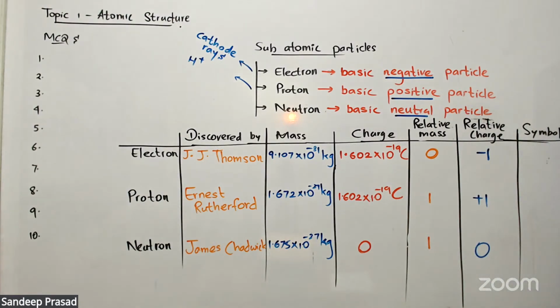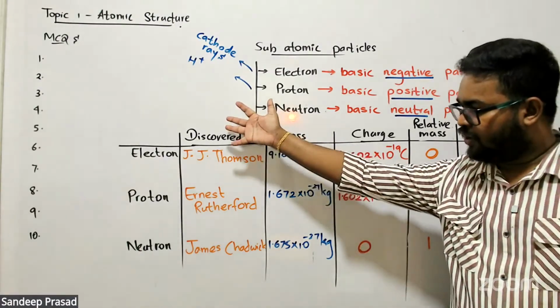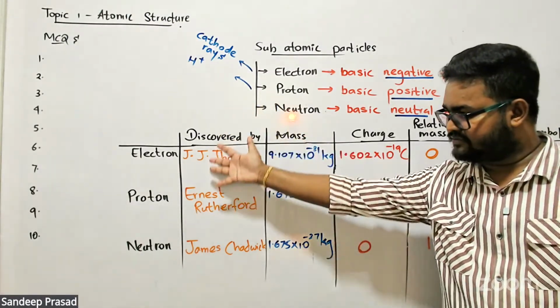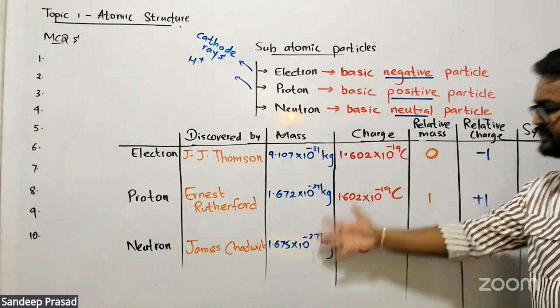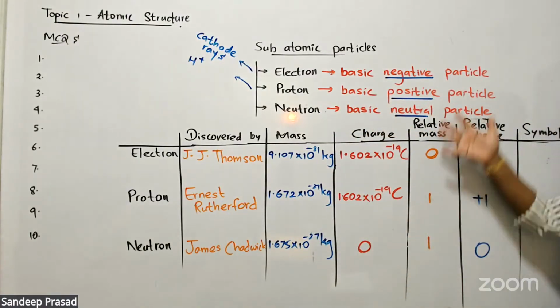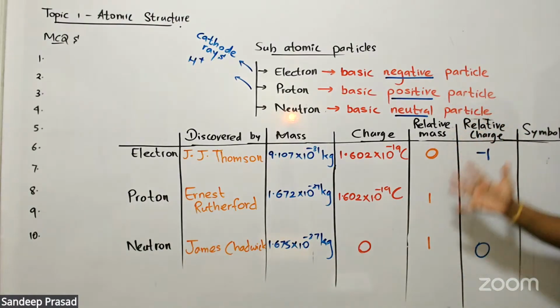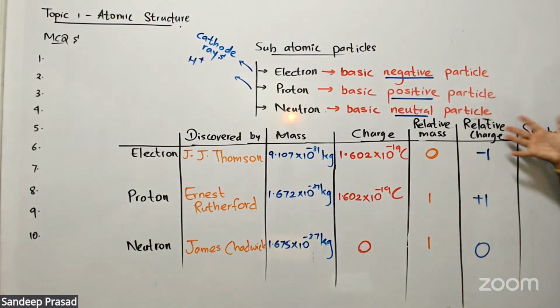Understood? So you can see that here I have given you who discovered electron, proton, neutron, what the mass values and charge values are, and the relative masses and relative charges of these three subatomic particles.